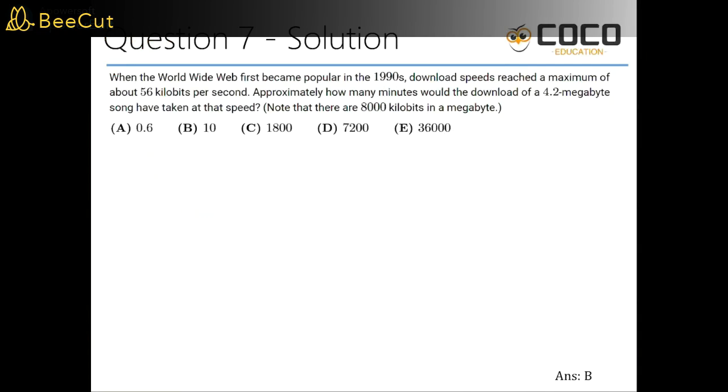Question 7. It's given that the download speed is 56 KB per second, and the total that needs to be downloaded is 4.2 megabytes. So 1 megabyte is 8,000 kilobits. So this is 4.2 times 8,000, the total download size, divided by the speed, 56.